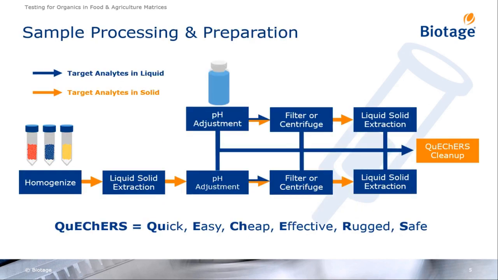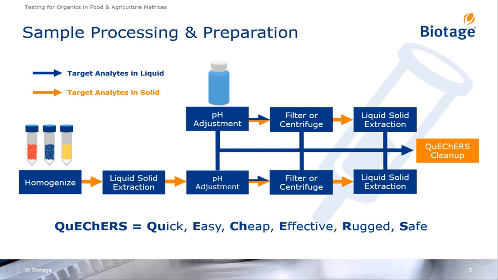Now, I find the simplest way to think about sample matrices is to at least start by dividing them into 2 types of matrices, solid matrices and liquid matrices. And for organic testing labs, the goal is to get the analytes of interest into the liquid form for further analysis and quantification.